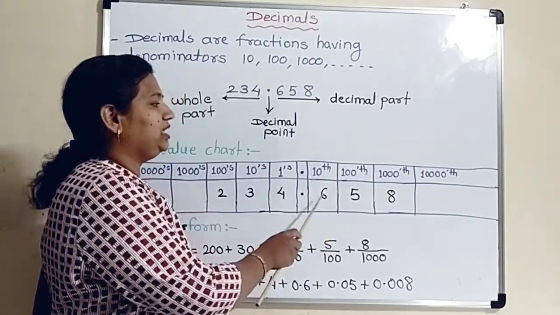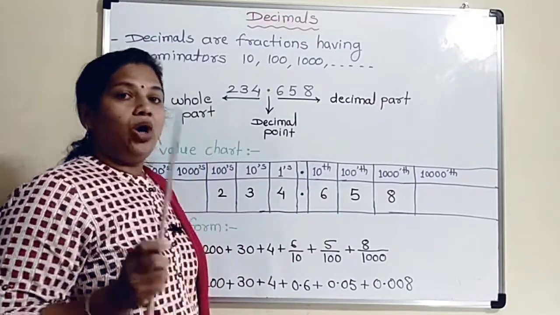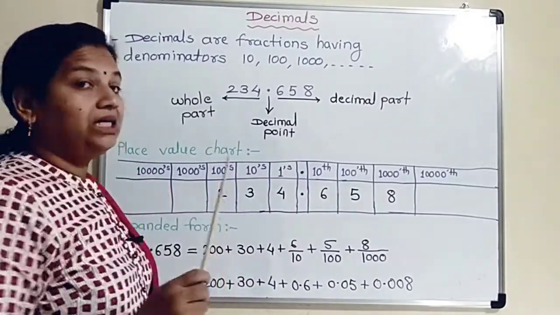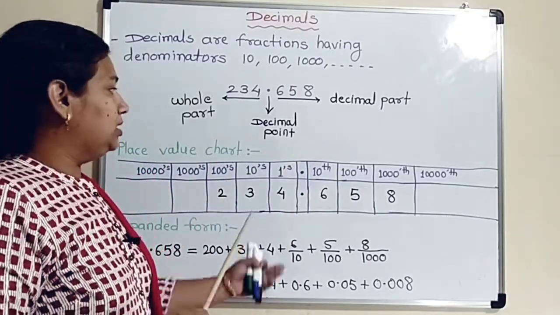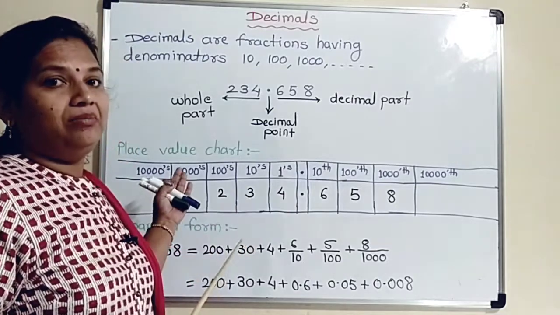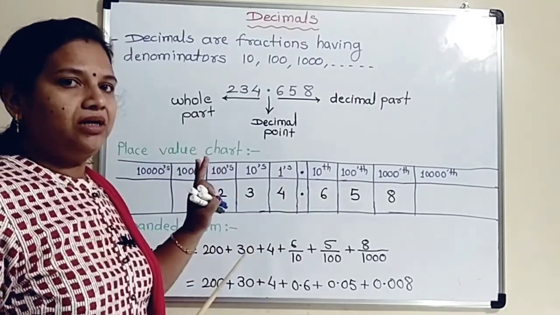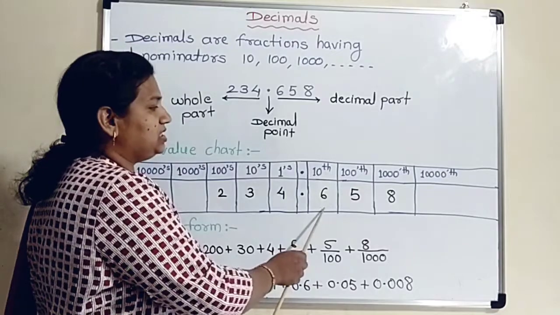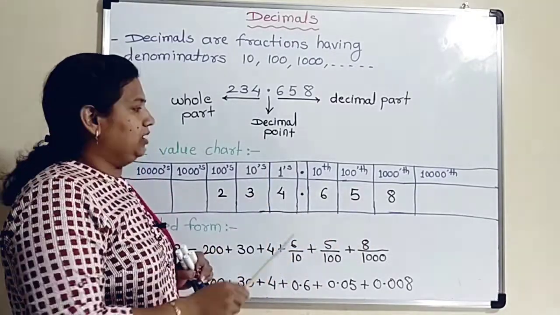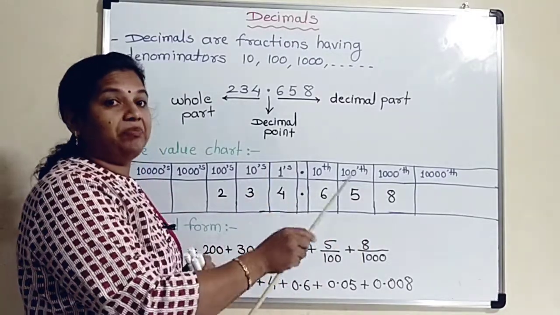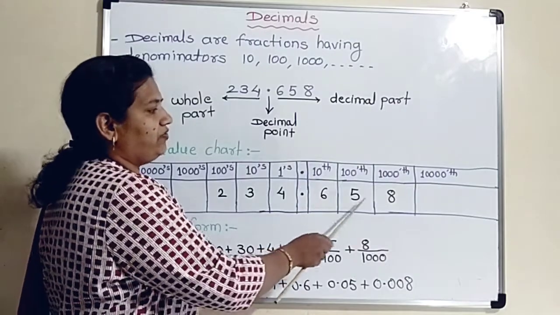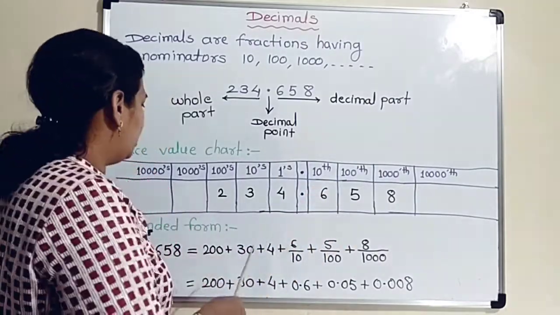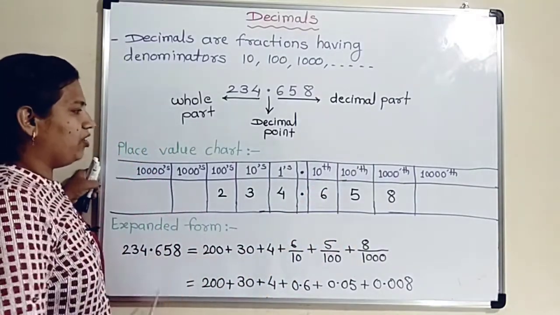We have to read the digits separately. So always remember, while reading a decimal number, we can read the left side number as our normal number, but the digits to the right side should be read as separate digits. 6, 5, 8.